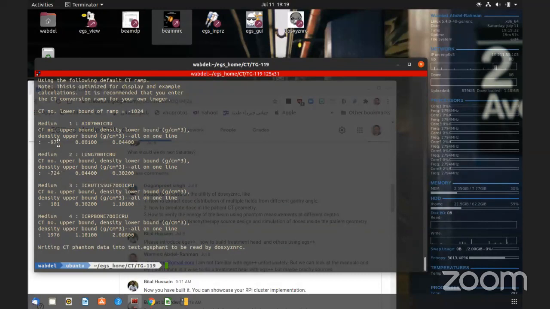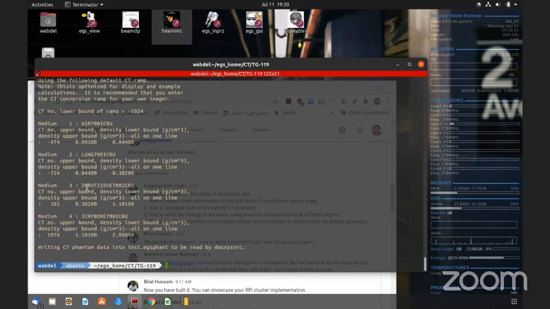Okay, so the CT number in range between these two values, I'm going to use material of lung. And the density is going to be the lowest density 0.044, and at minus 724 the density is going to be 0.302. So if a CT number is between these two values, then just linear interpolation determines what's the density of the lung for that.